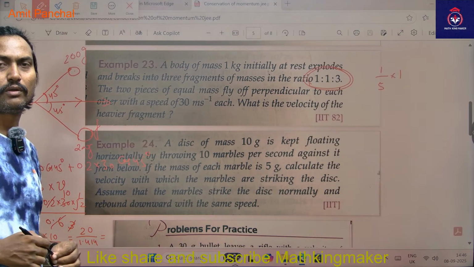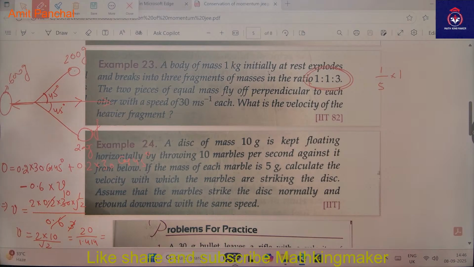But why did you only take one component? Why didn't you take the entire momentum? Because the horizontal component is solving our problem. That's why we have taken the horizontal component only. Why is it solving it? Either you take the horizontal component or you take the vertical component. That is not an issue.